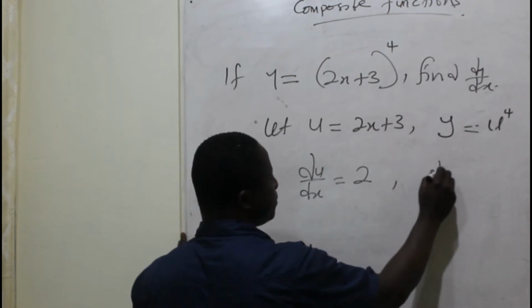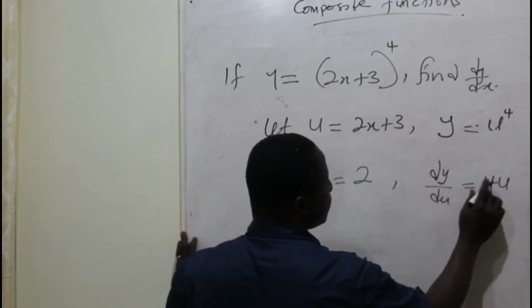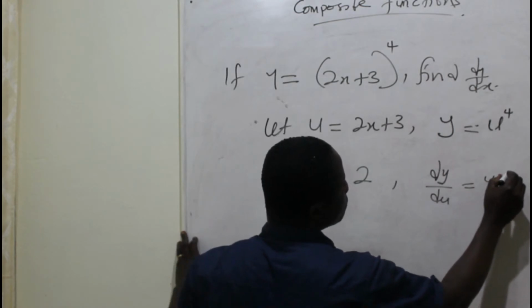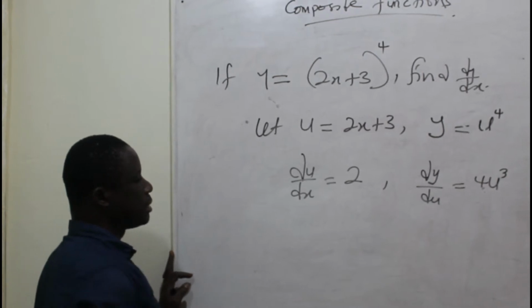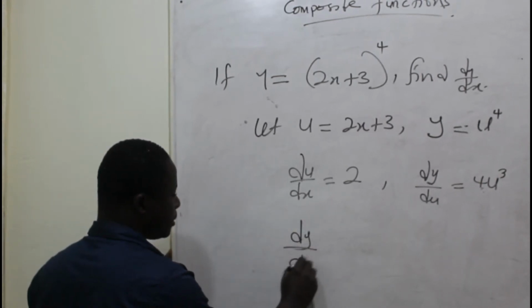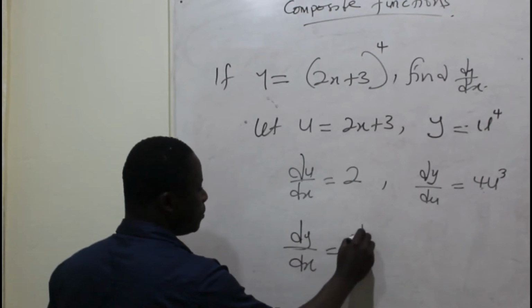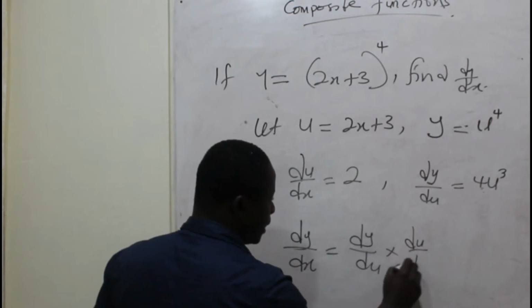Then we find dy/du, and the result is 4u^3. And to get dy/dx is now going to be dy/du times du/dx.